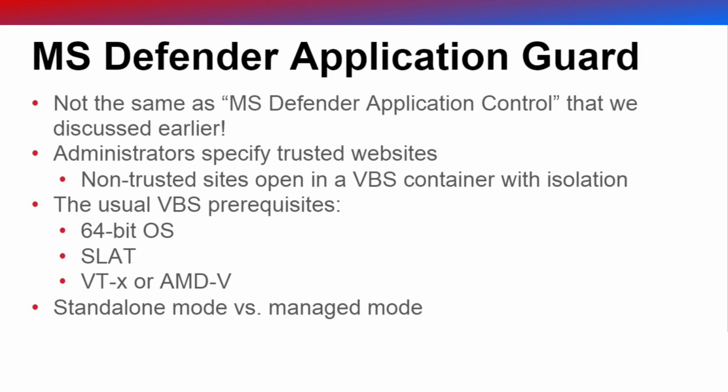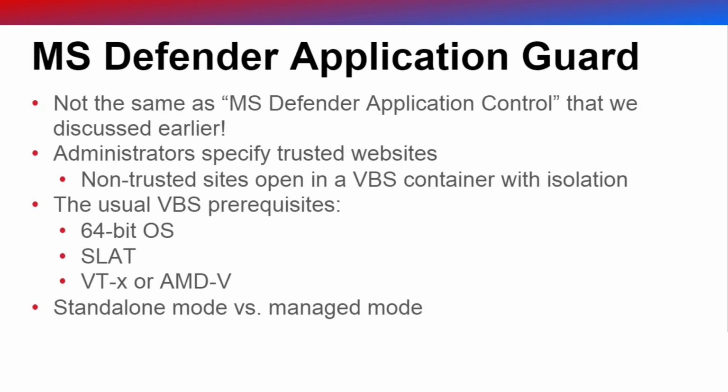So Application Guard, Defender Application Guard, is basically trusted websites. We get to specify which websites we trust. Right? We know that these are safe. Non-trusted websites would open up in a VBS, here's another surfacing of that VBS concept, in a VBS container with extra isolation.